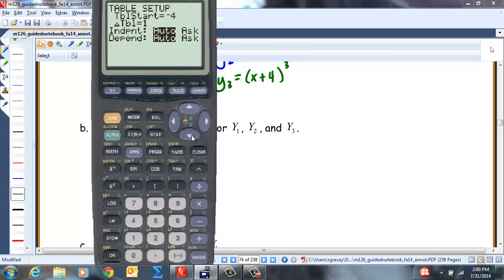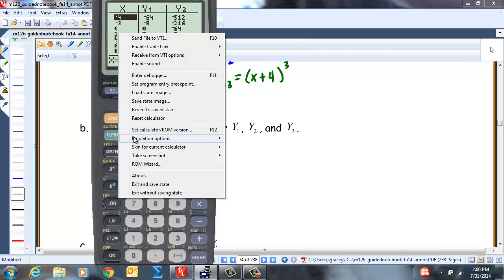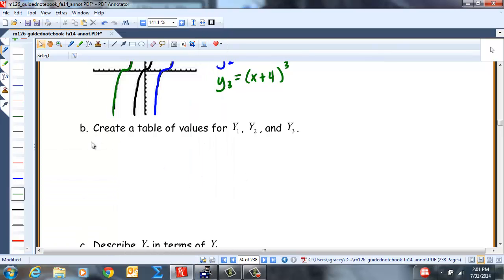So the change in the table, let's do 2 and then graph. Nope. Second table. There we go. Okay, I believe this will take us where we want to go. All right. So here we are.